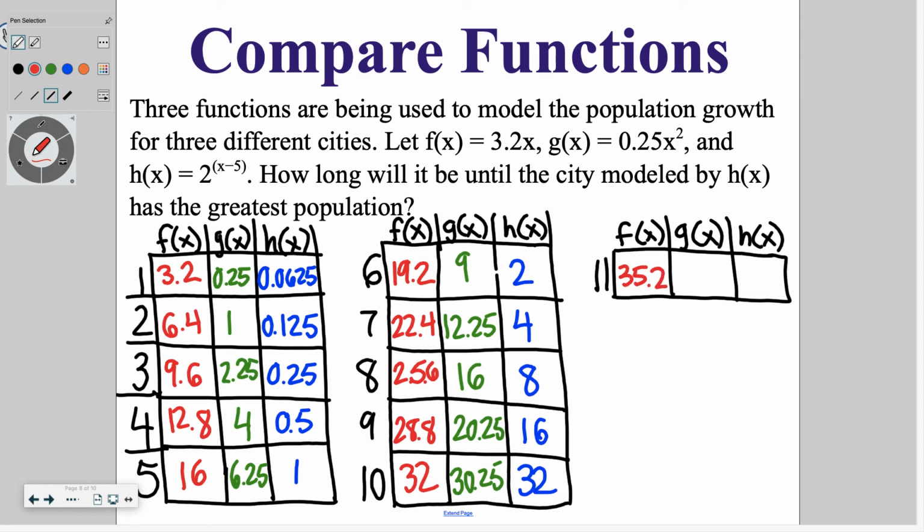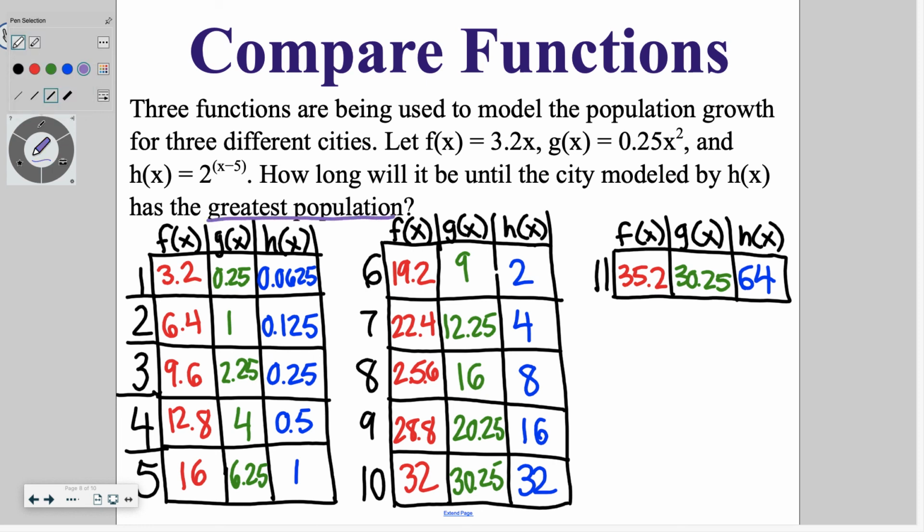When I plug it into g of x, I'm going to get an answer of 30.25. And when I plug it into h of x, I'm going to get an answer of 64. So at that point, h of x has the biggest answer, so I can stop because I wanted h of x to have the greatest population.